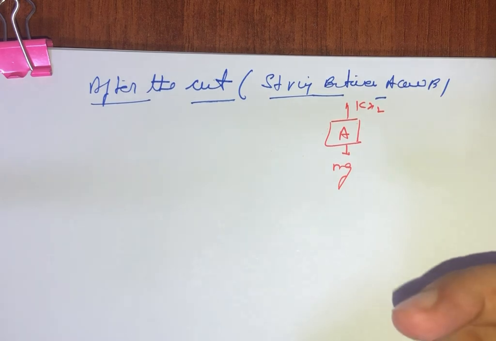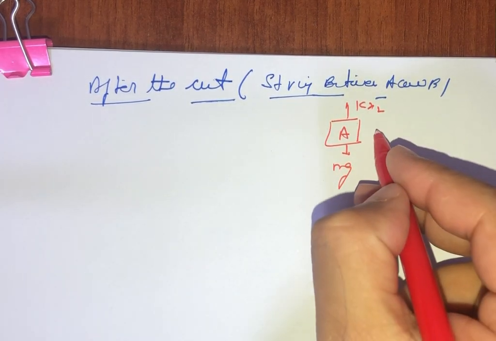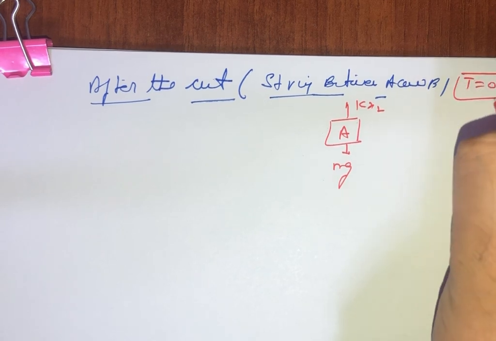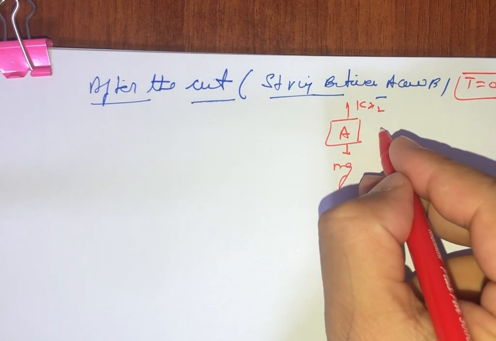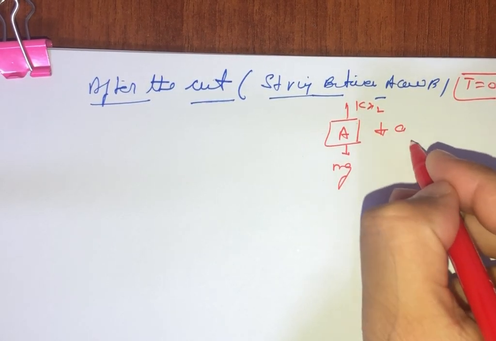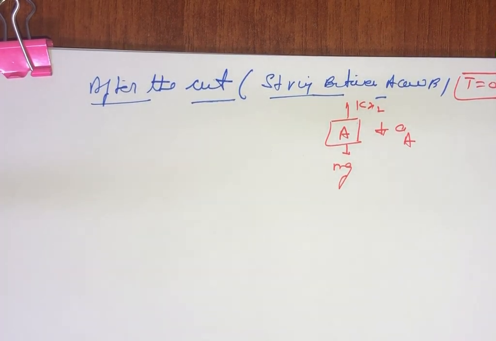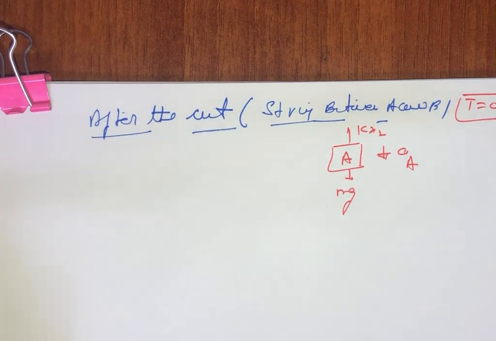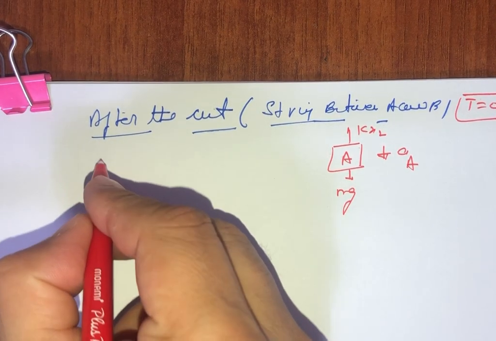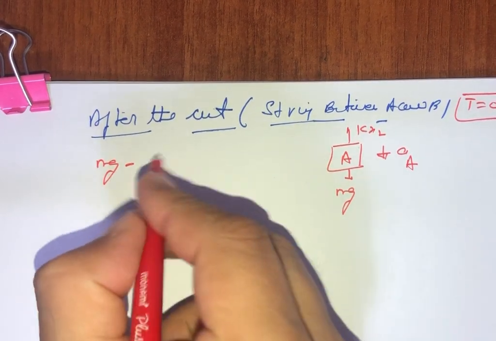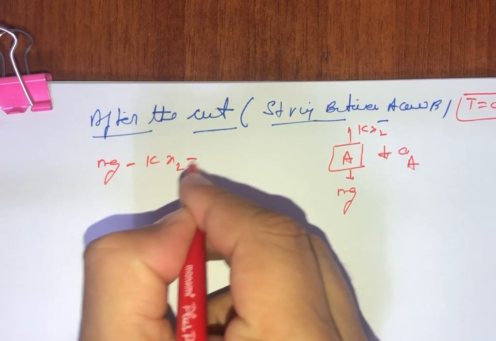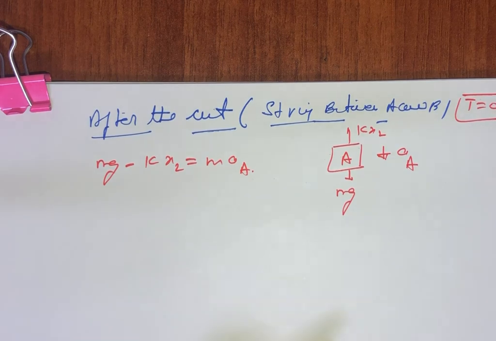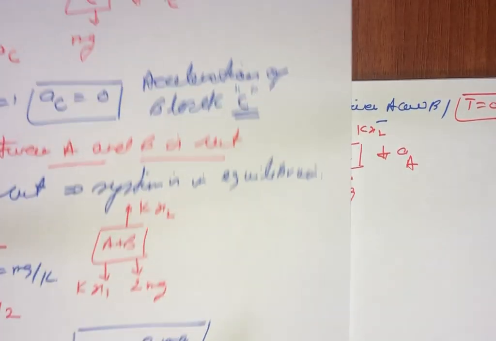As the string is cut, the tension will be 0, and we say that it is moving downward with aA. So from this we can say that mg minus kx2 will be equal to m times acceleration of A.